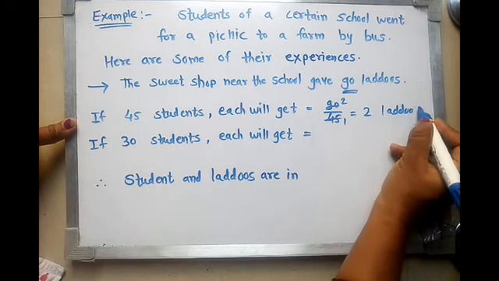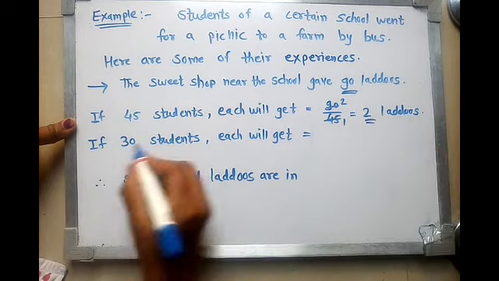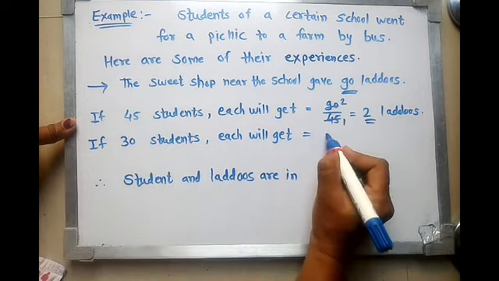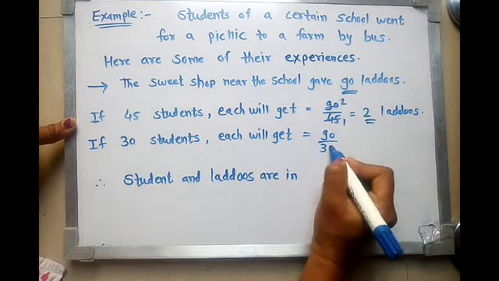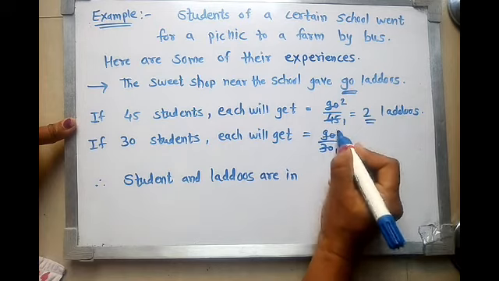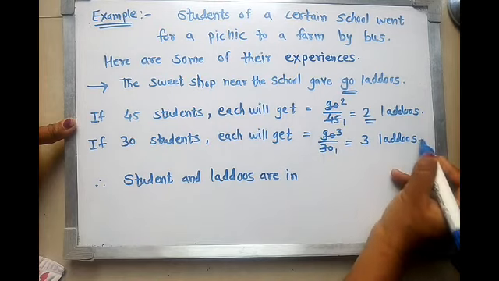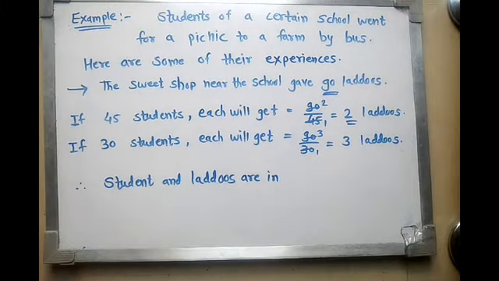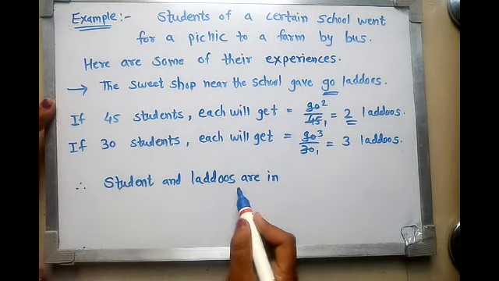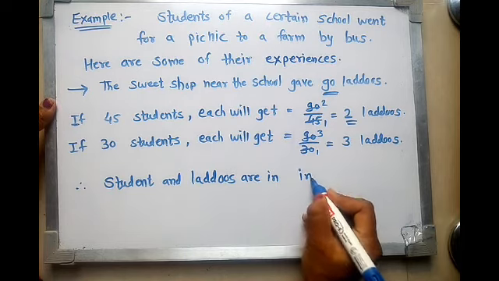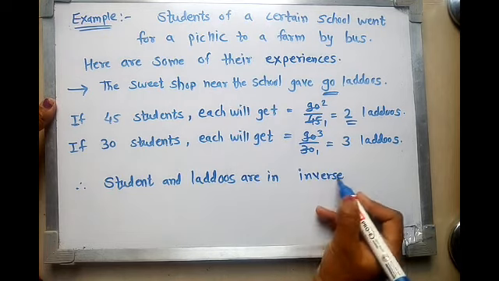If there are 30 students, each will get 90 upon 30, which is 3 laddus. When the number of students decreases, laddus increase. Students and laddus are in inverse proportion.